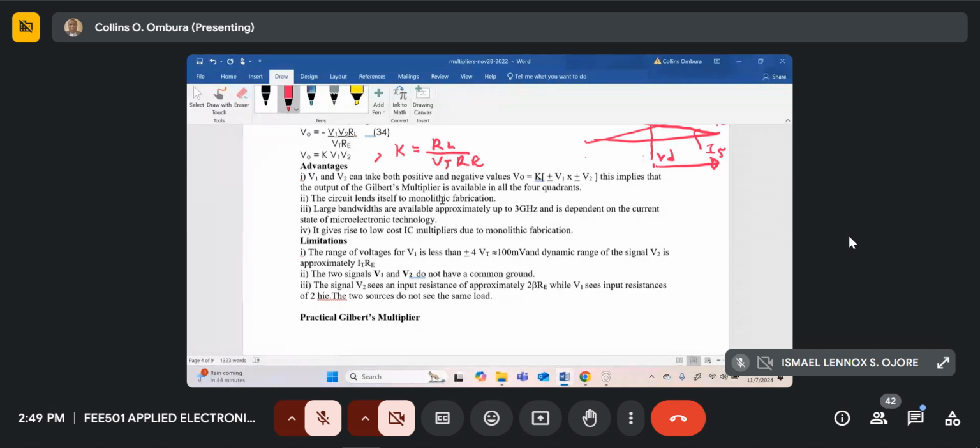As I said, multipliers are very common in communication circuits. Number 3, large bandwidths are available. These notes of mine, I wrote them some time back, up to 3 gigahertz. Now you could even be reaching 6 to 8 gigahertz, and it is dependent on the current state of the microelectronic technology.